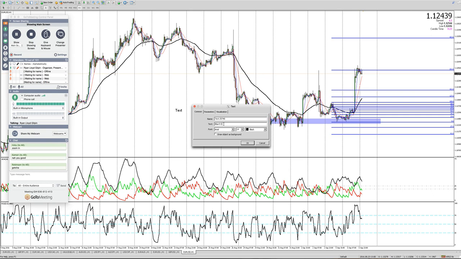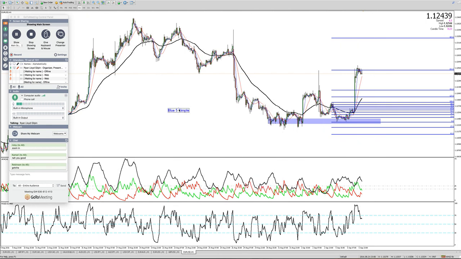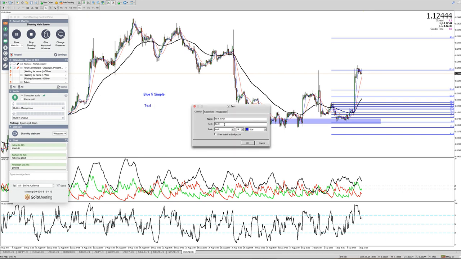Blue, 5 simple. I'll color code it. I'm going to leave this up for like 15 seconds as I'm writing it out. Red, 12 simple.